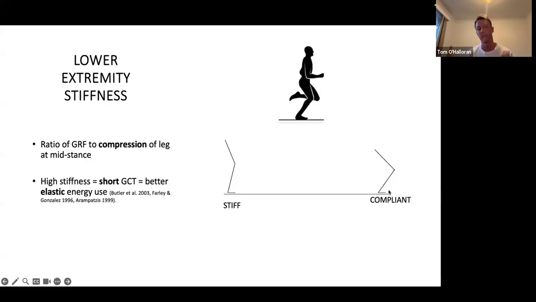So at one end, we've got that compliant person who drops into the knee a lot, who spends a long time on the ground, and then we've got the stiff spring at the other end of the spectrum as well. So do we need to have a test for that, to have a bit of an understanding of someone's lower extremity stiffness, if we're thinking about getting them back to those higher biomechanical demands?